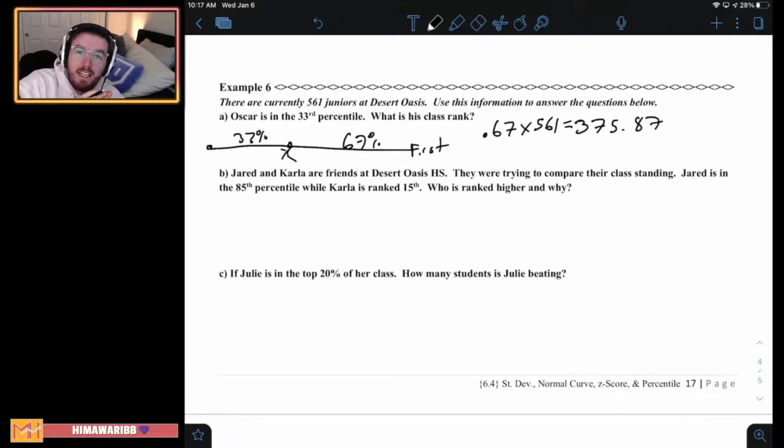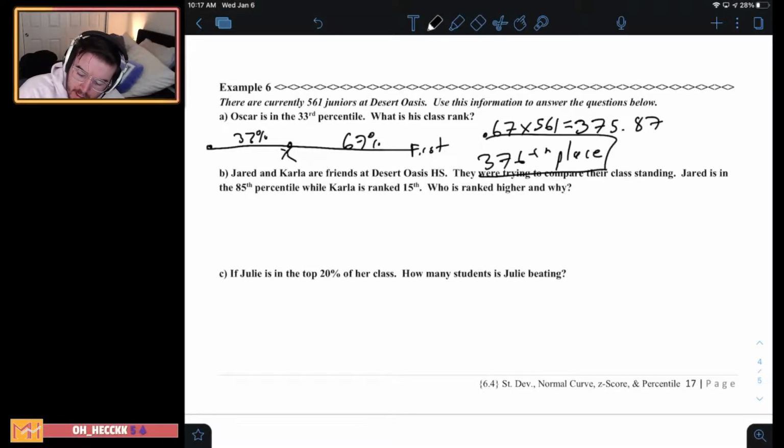So that's how many students are ahead of him, which means he's approximately in 376th place, right? If that's how many people are ahead of him, he's one back at 367. You follow the logic on that?